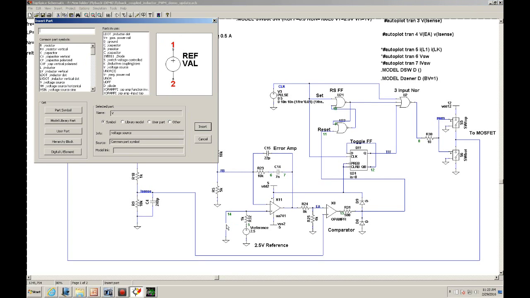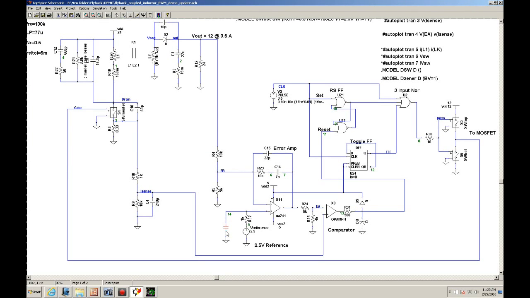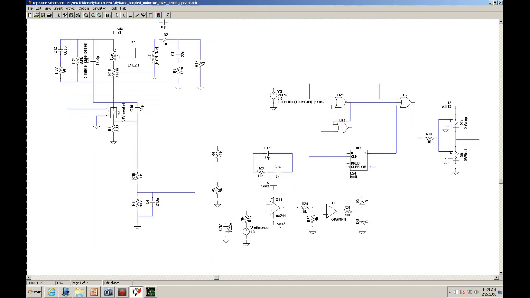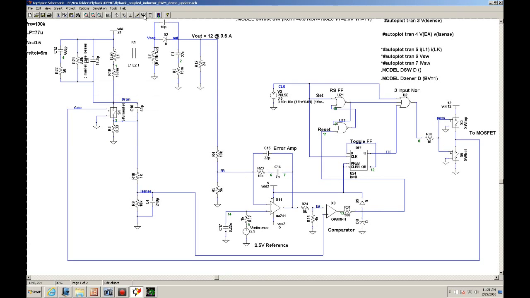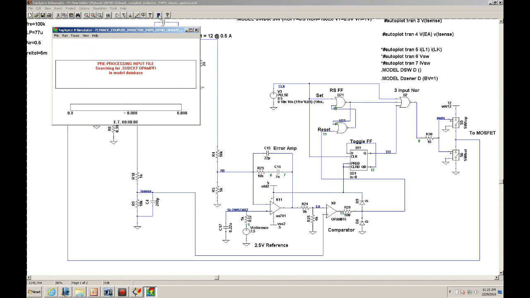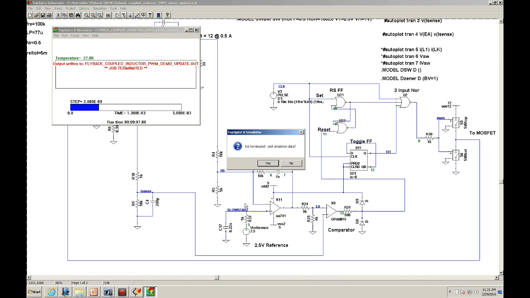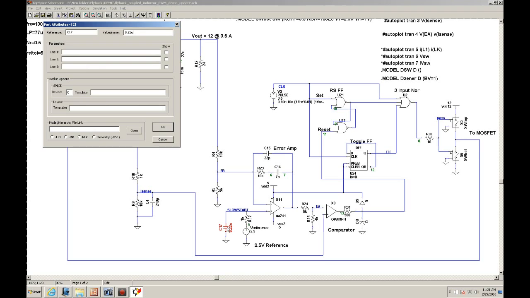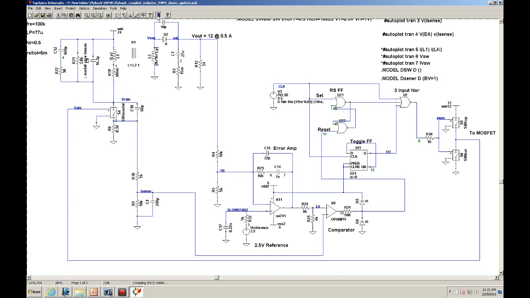I'm sorry, it's a cap. Let me go ahead and label this slow start. Okay, run it again. It should come up very, no it won't. And the reason is because this should be a U. And now it should work.